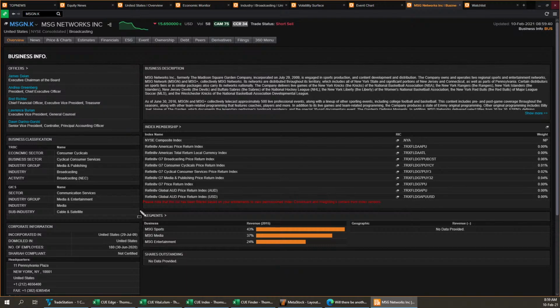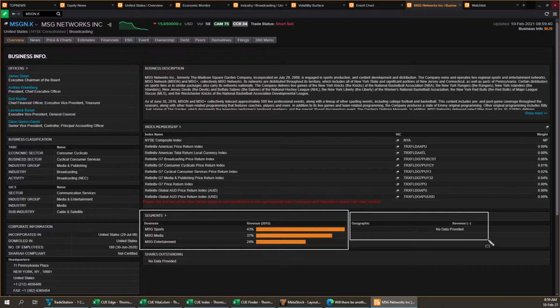It shows the different segments and different geographies. I think it is primarily US geography based, so there is no geographic breakout, and it is in MSG Sports, MSG Media, MSG Entertainment, and the different revenue percentages.